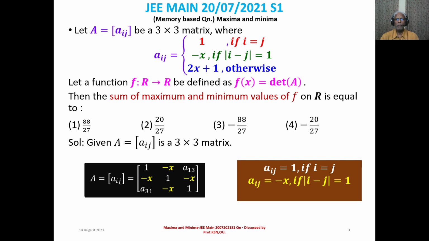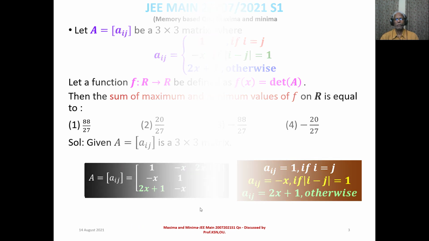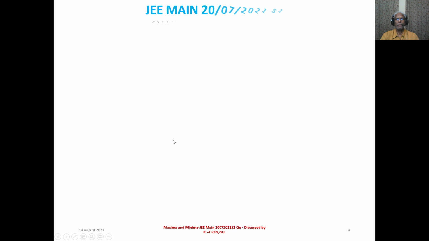And the remaining elements are given to be 2x plus 1 otherwise. That means A13 and A31 will take 2x plus 1. So A13 is 2x plus 1, A31 is 2x plus 1. Thus we have obtained a 3 by 3 matrix whose entries are real valued functions of x. We continue in the next slide.